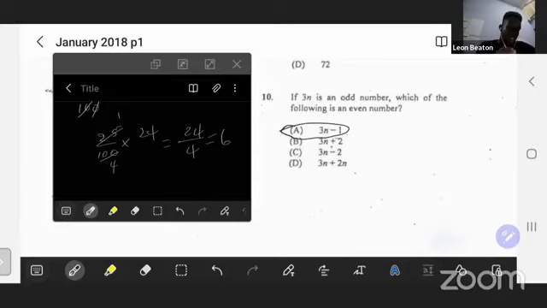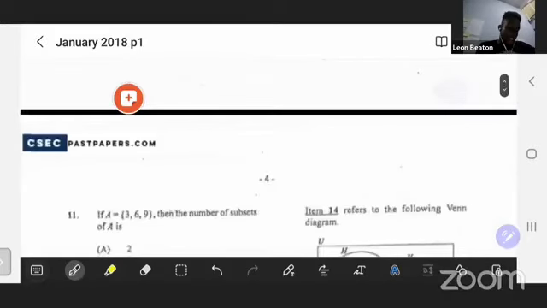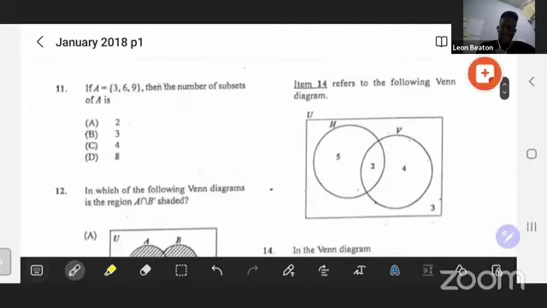All right, so we're at number 11 now. If A is equal to 3, 6, and 9, then the number of subsets of A is, I know the formula to find the number of subsets of any given set is 2 raised to the n power, in which n is the number of elements in the set.